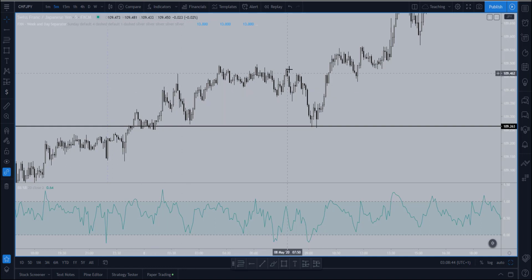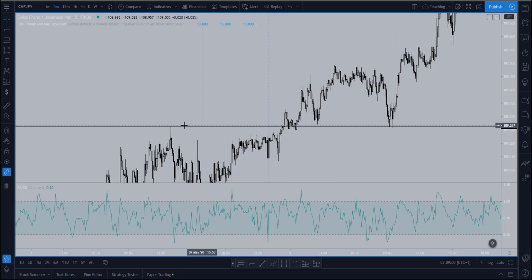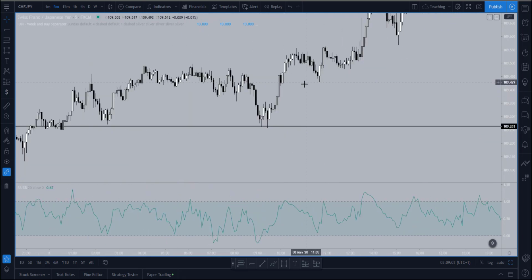This is when we closed above it, and then the retest. Always look for that, because it's going to do exactly the same thing like you saw on the dollar Swiss. It tends to retest that same level, this line here. It tends to retest it over and over and over again.